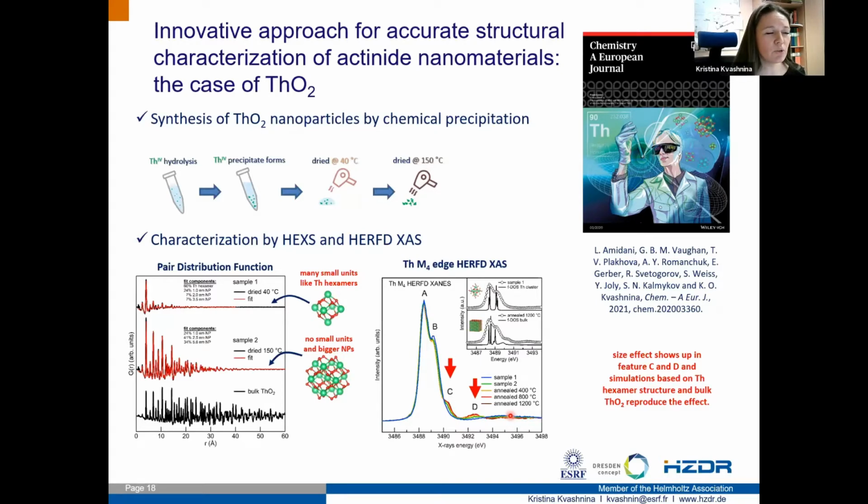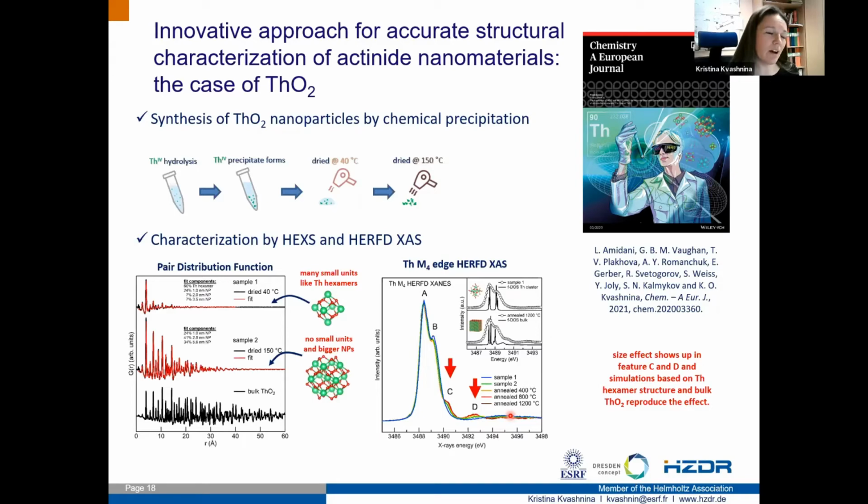She started to fit the data using different structures of nanoparticles. This is a really amazing method, because with just one shot of X-rays you understand the size of your nanoparticles, which is quite unique.